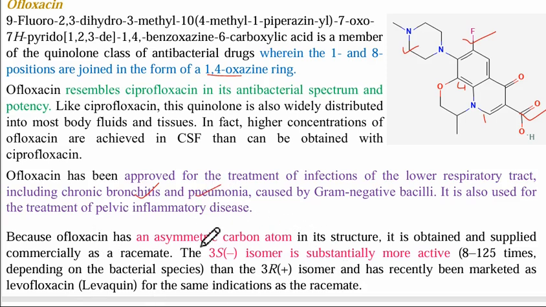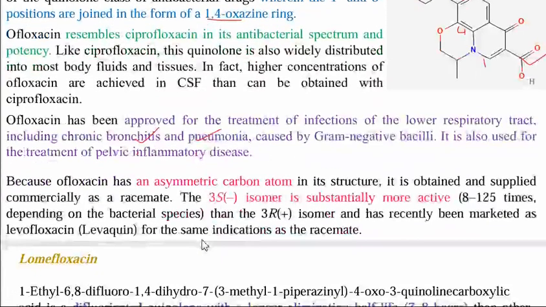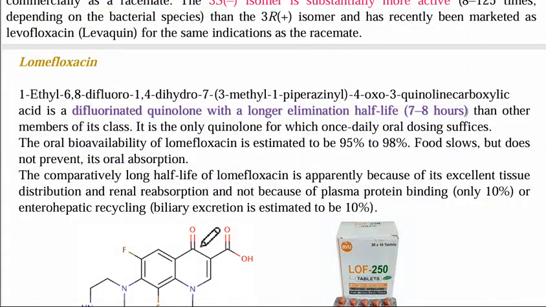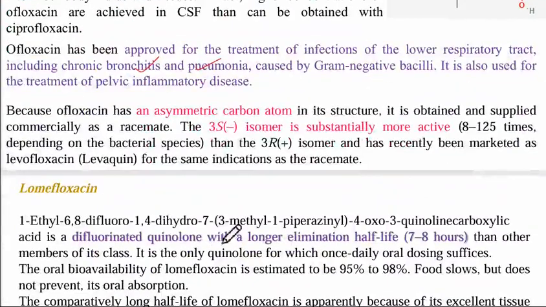Now this has an asymmetric carbon atom, so commercially it is marketed as a racemate. The 3S isomer is substantially more active, and it is recently marketed as levofloxacin or Levaquin.